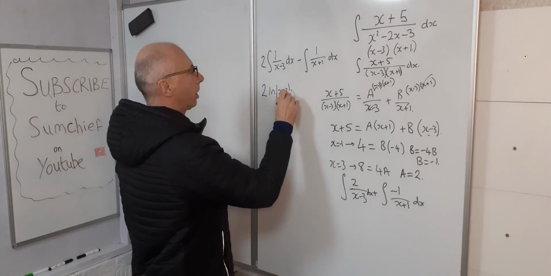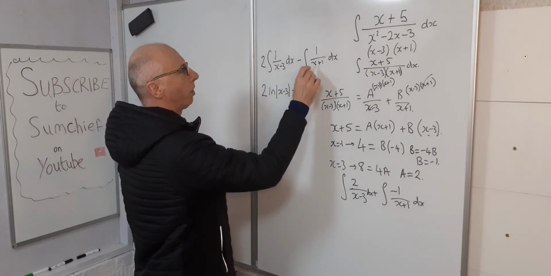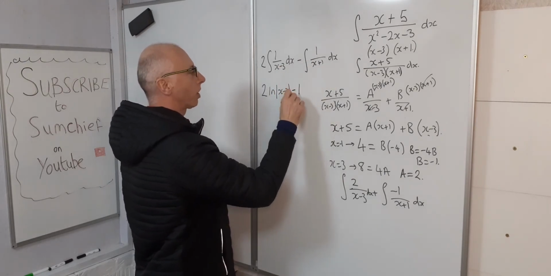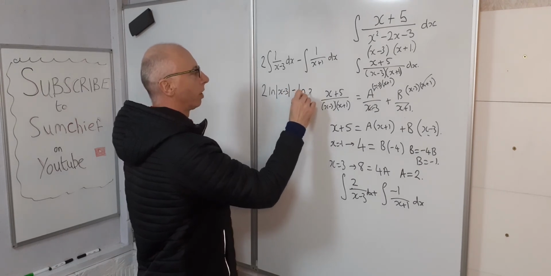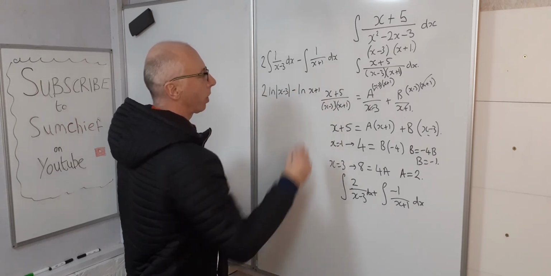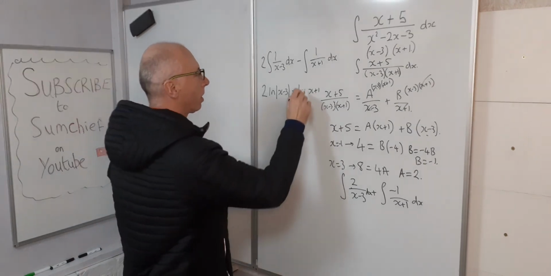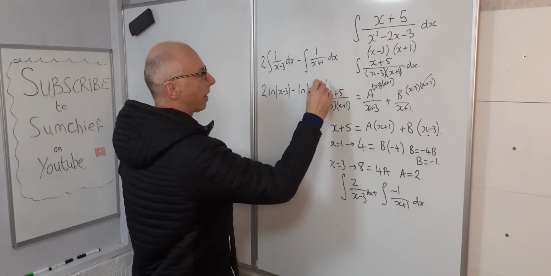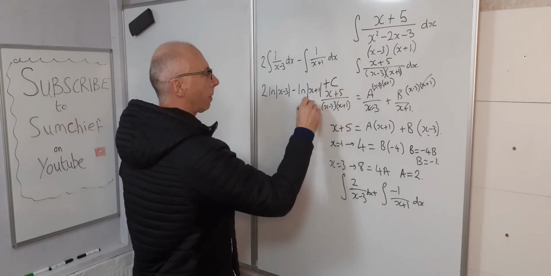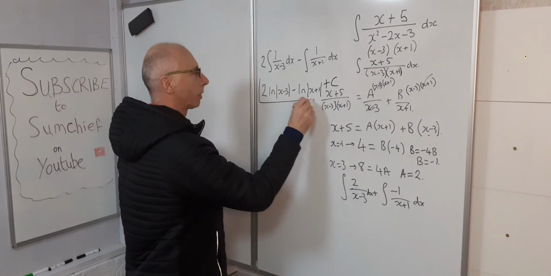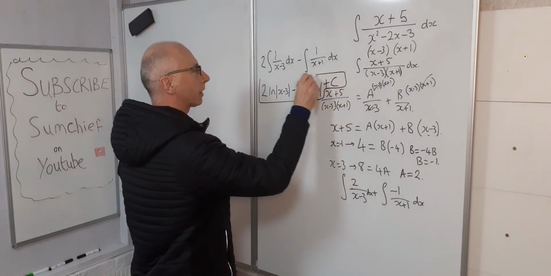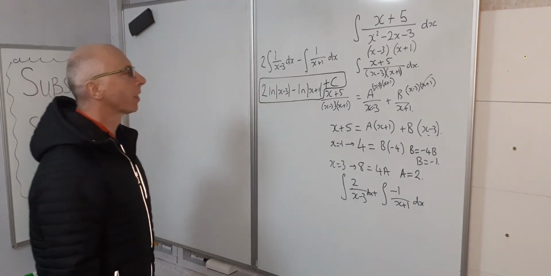Then we've got minus 1 over x plus 1. That's just natural log of x plus 1. And again, we don't know if x plus 1 is positive or negative, so we need the absolute value. And then don't forget plus C. There we go. That is our answer.